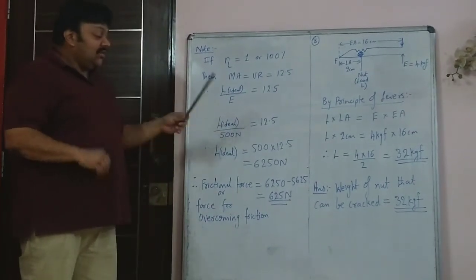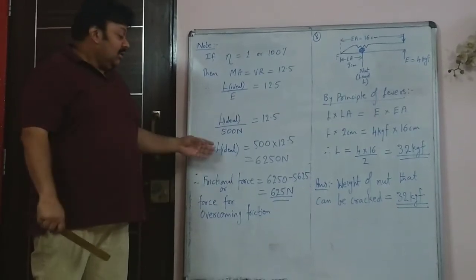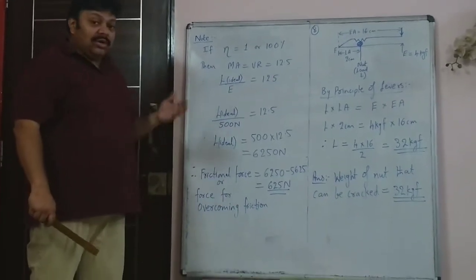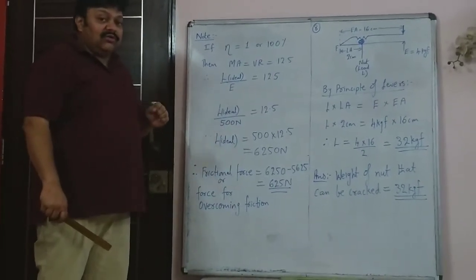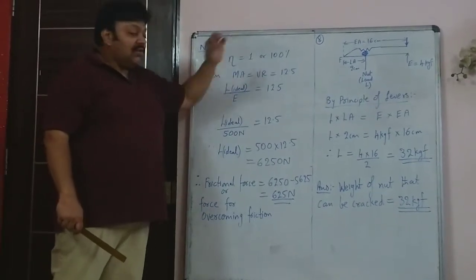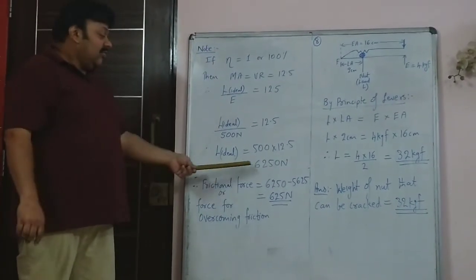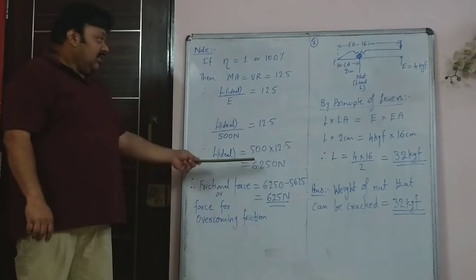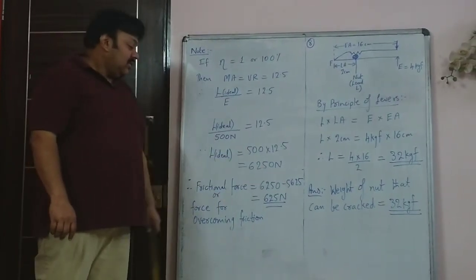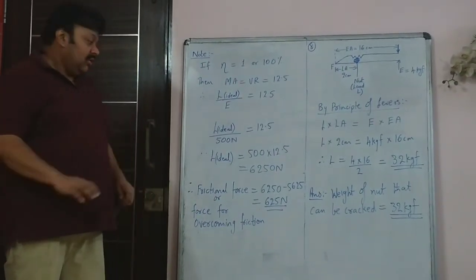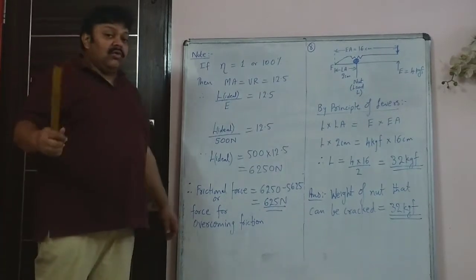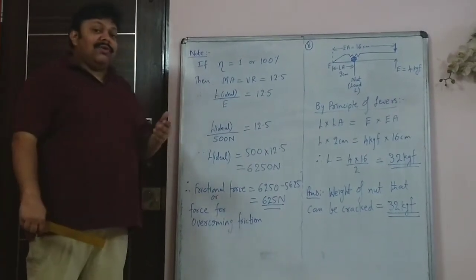So if it was an ideal machine, with efficiency 1 or 100%, the maximum load you could have lifted would have been 6250. So 6250 would have been the ideal load, and what you got was actually 5625.